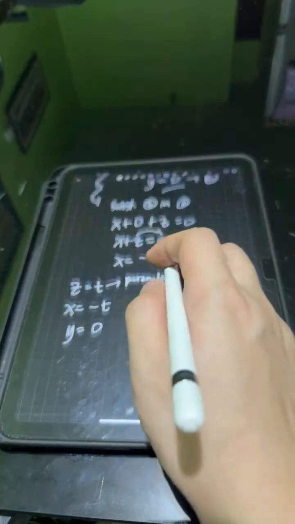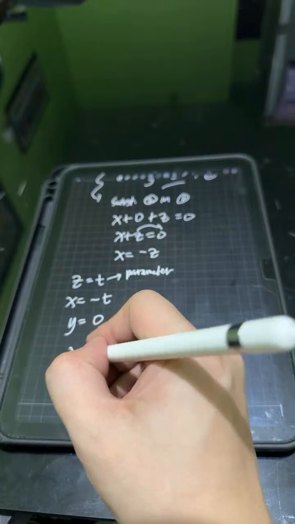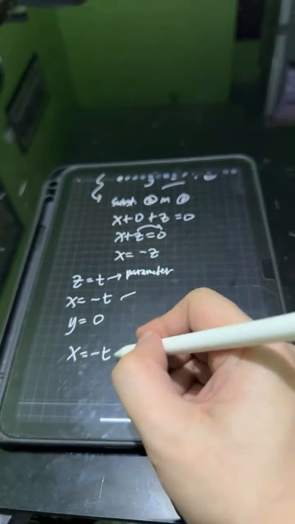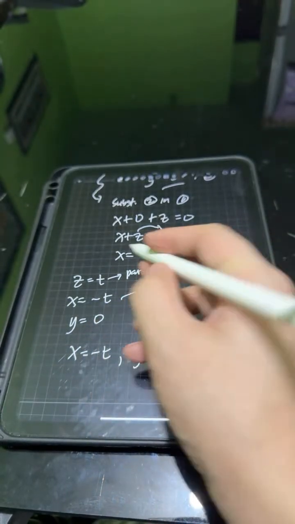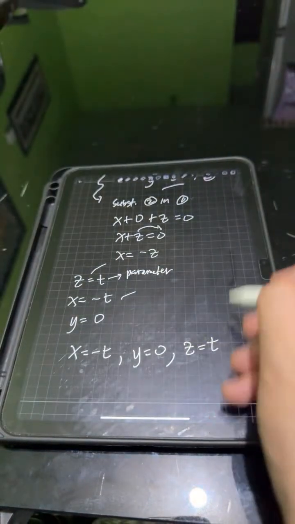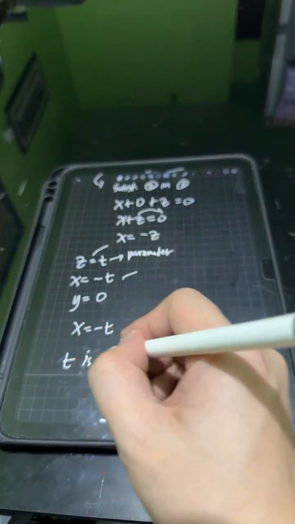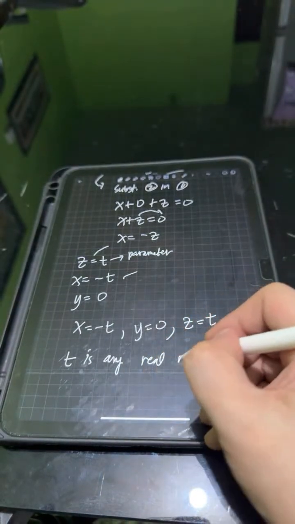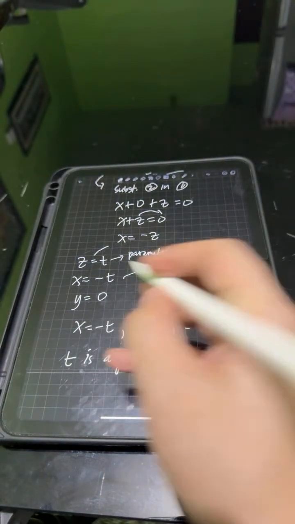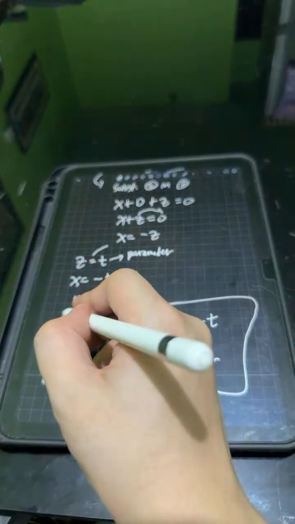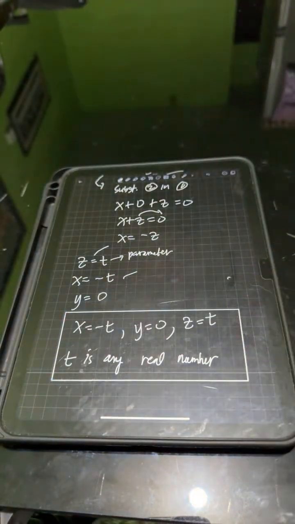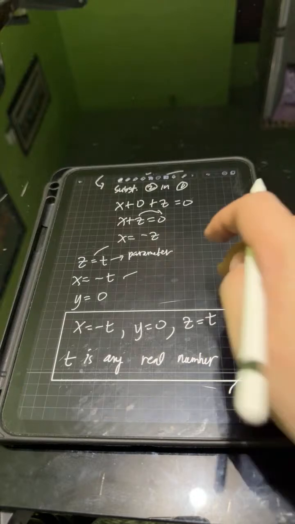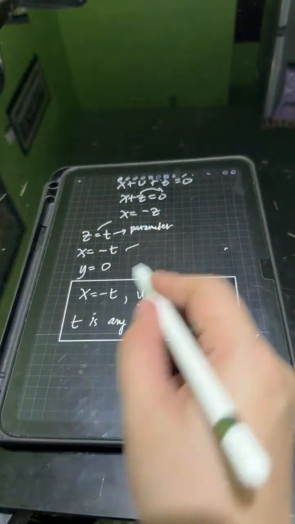So therefore, the solution set can be written as x is negative t, y is 0, and z is equal to t. Again, t is any real number. So the solution set is this one, which has infinitely many solutions if you assign any real number value for t here.